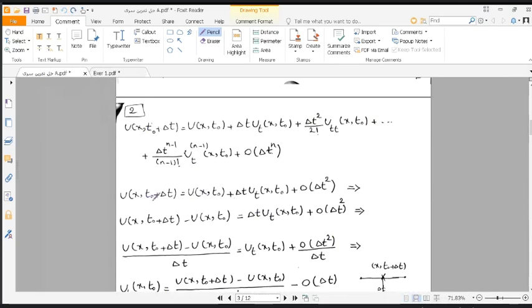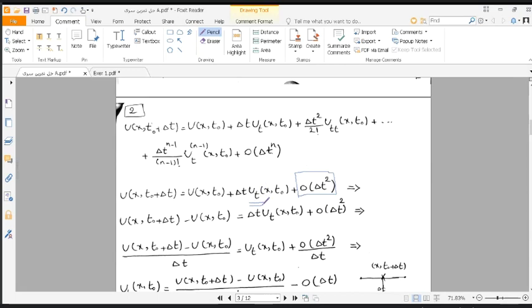For u(x, t0 plus delta t), when the truncation error is O of delta t squared, we should use only the first derivative, not the second derivative, not the third derivative.